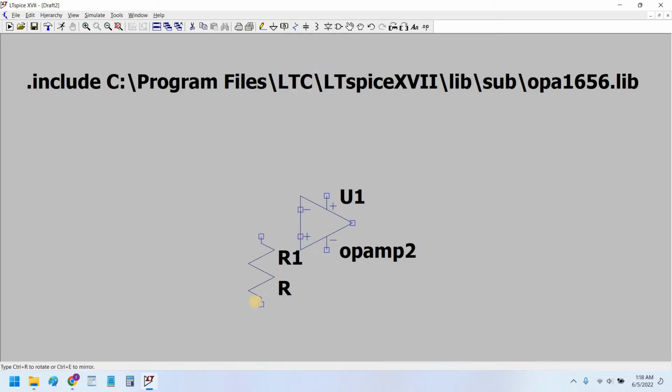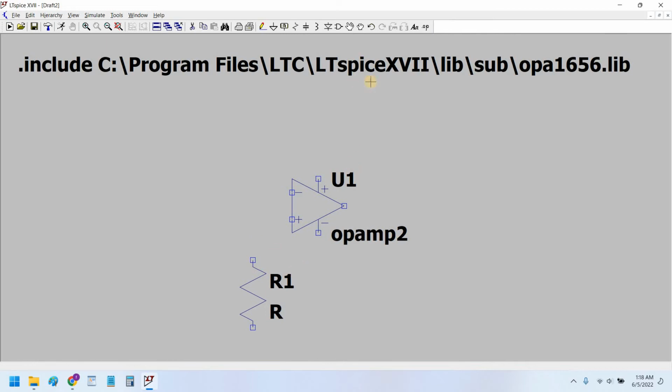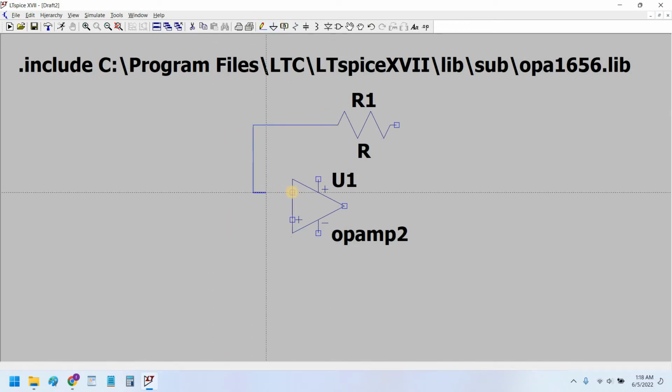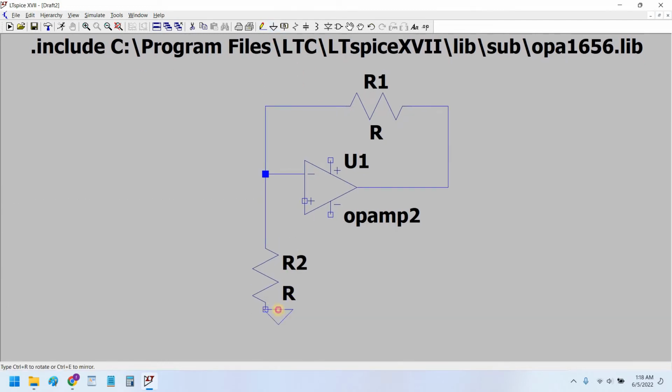So let's place a resistor on the negative terminal. This is the feedback resistor. And another resistor is connected on the negative terminal again, and this resistor would be going to ground.